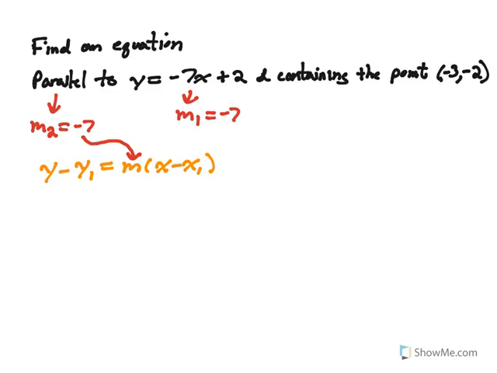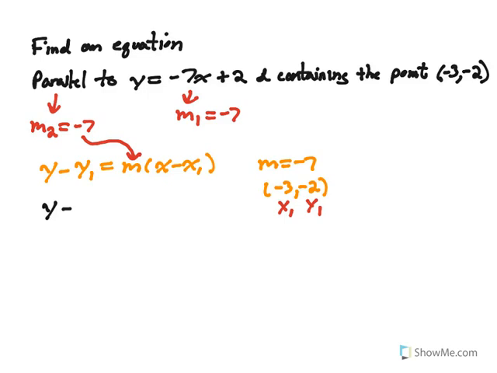So if the line is parallel, then we should use the same slope, -7. So I have to designate my slope as -7, okay? And then the point that's given to us was -3 comma -2. Remember, that is going to be x1 and your y1. All right? So now all we do is plug everything in, and then we're good to go.